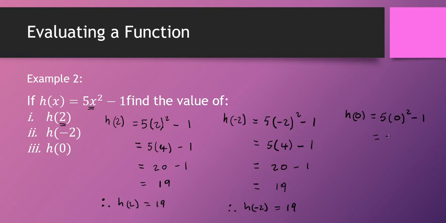So what we have here is just 5 times 0 minus 1. And 5 times 0 is just 0 minus 1. And 0 minus 1 will give us negative 1. So therefore, we know that h of 0 is equal to negative 1.